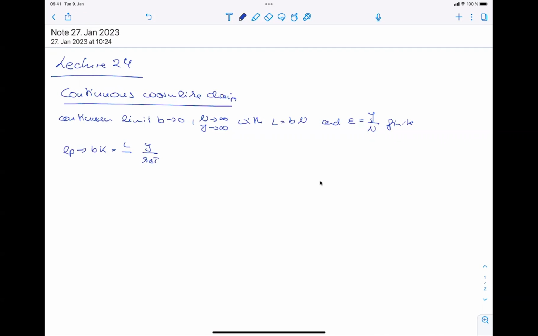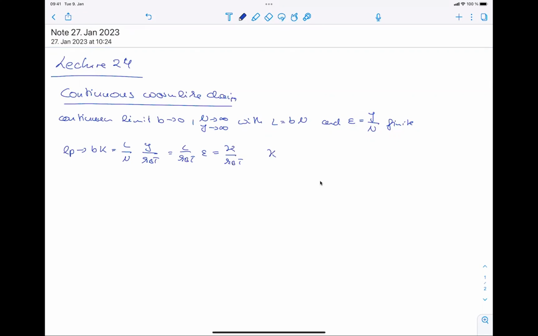And b, remember, was the Kuhn length, the segment length L over N. So if we use this nomenclature, we can identify a J over N that gives our finite epsilon. And what's left is an L kBT epsilon.